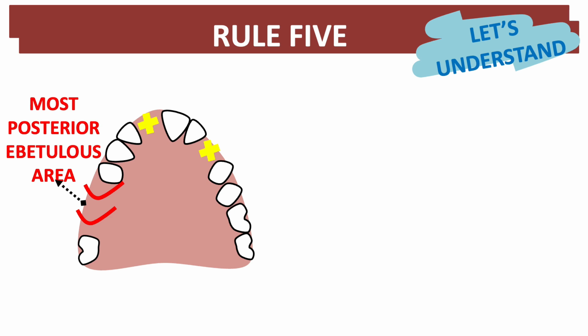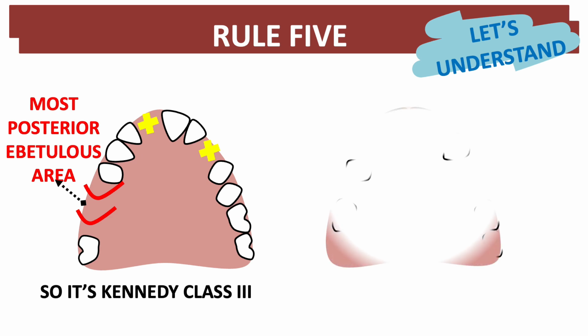As per rule 5, the posterior most edentulous area or areas will determine the classification. So in this case, the posterior most edentulous area is the molar and premolar area. So this is Kennedy's class 3 because the posterior most edentulous area is surrounded anteriorly and posteriorly by natural dentition. Try to understand with the next figure.